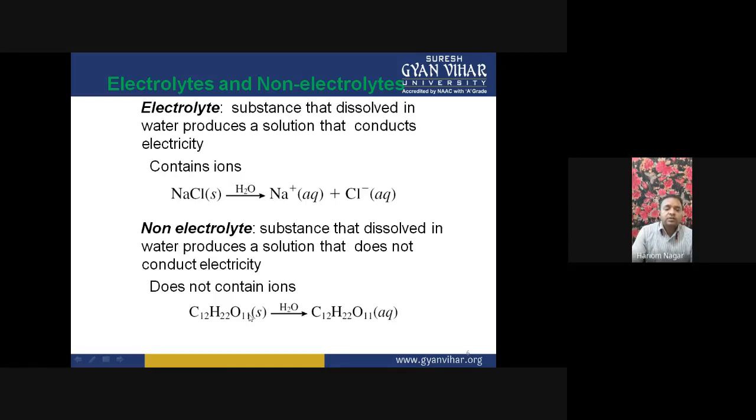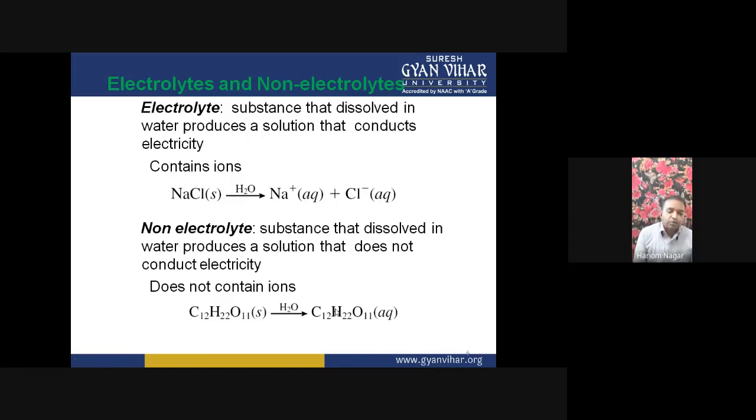it is found in the solid state. When this is dissolved in water, an aqueous solution of this compound is formed. But there is no dissociation or ionization of this compound into ions. If there is no formation of ions, then there is no migration towards electrodes.